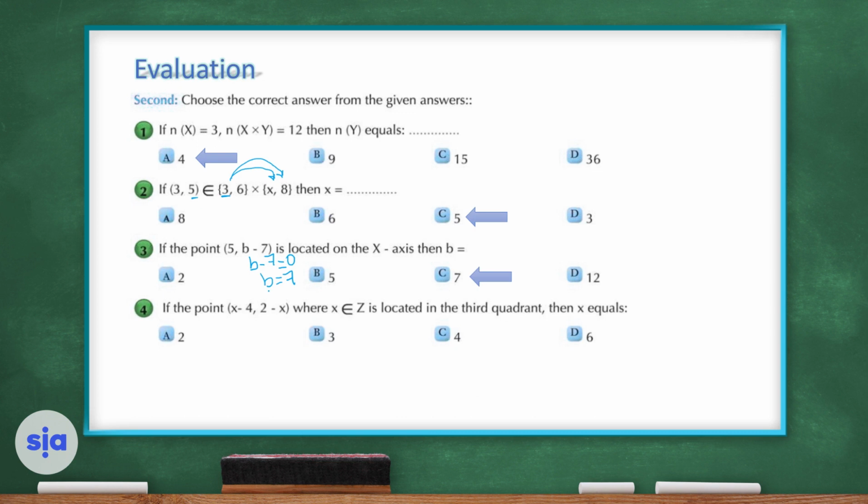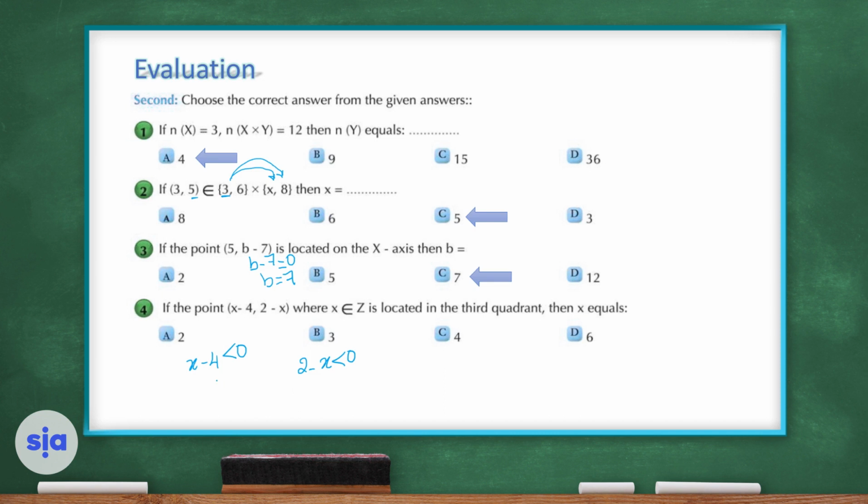The last question, (x - 4, 2 - x), where x belongs to Z, is located in the third quadrant. So here, third quadrant means what? Means that x - 4 is less than 0, and the y is also less than 0.